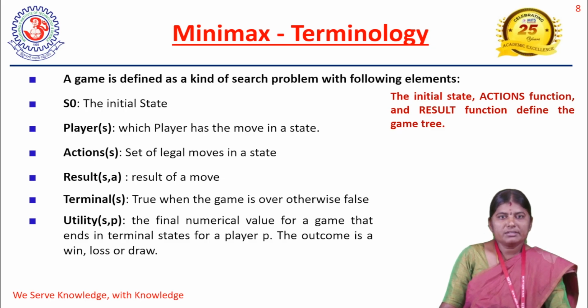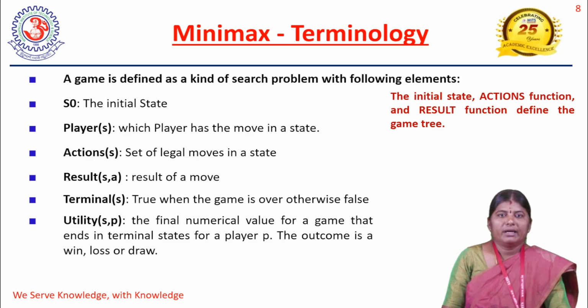If it returns true, the game is over; otherwise it returns false. The last one, the utility function, takes the current state as well as the player as input and returns the final numerical value for a game that ends in terminal states for a player P. It returns either 0, 1 or -1, so the possible outcome is win, loss or draw.